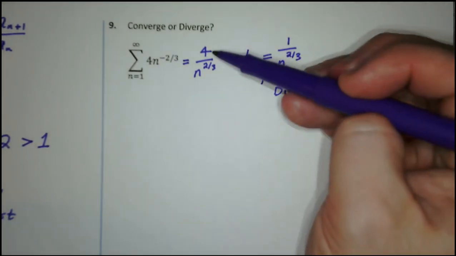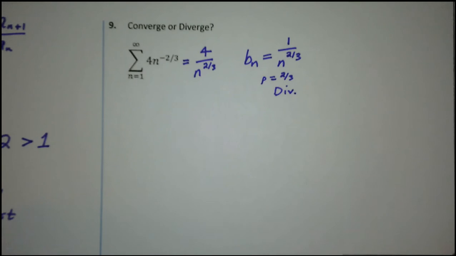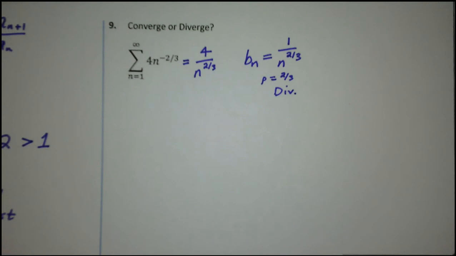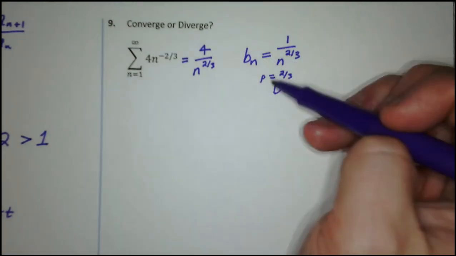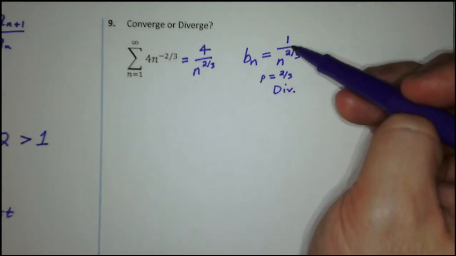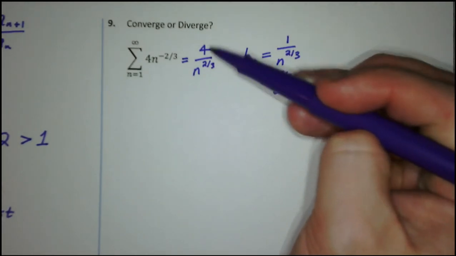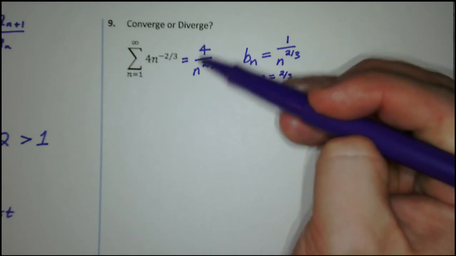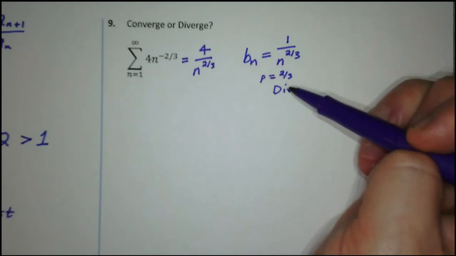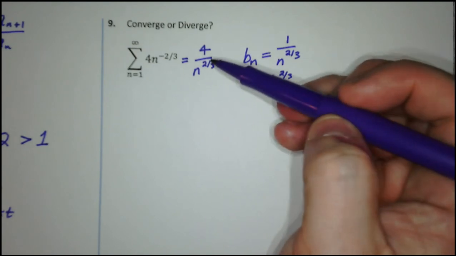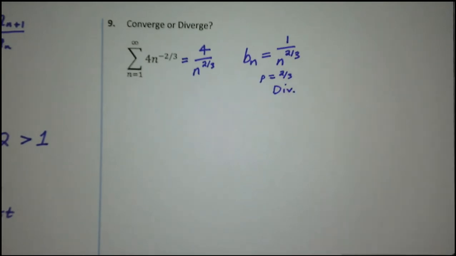Remember, direct comparison was if your series could be shown to be smaller than something else that converges, then you're good to go. Or, what we're comparing to is a series that diverges. So if we can show that this is bigger term by term than this, then we could say that this also must diverge, if it's bigger than something else that diverges.